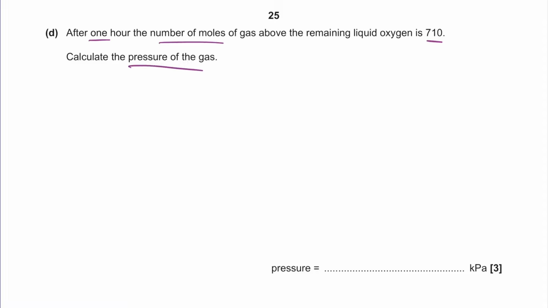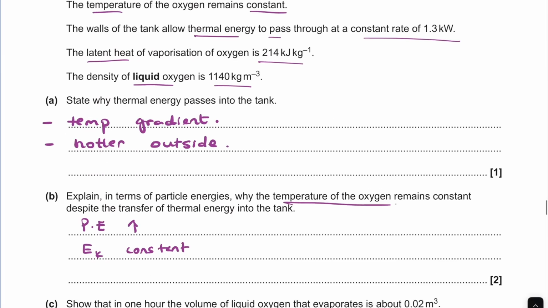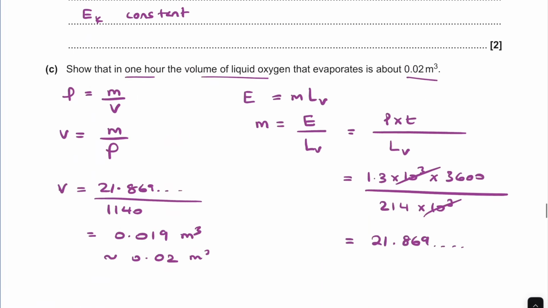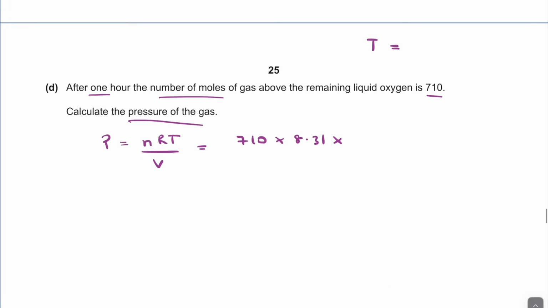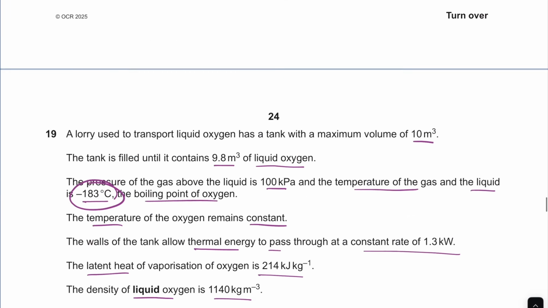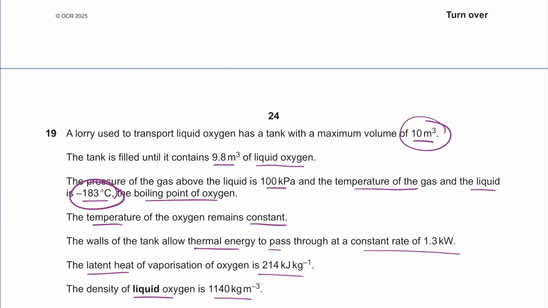We know pressure is equal to nRT over V. n is 710, R is 8.31, T is minus 183 plus 273, so that will be 90, divided by the volume, which, bear in mind, the total is 10, the maximum is 10, and it contains 9.8 meters cubed of liquid oxygen.